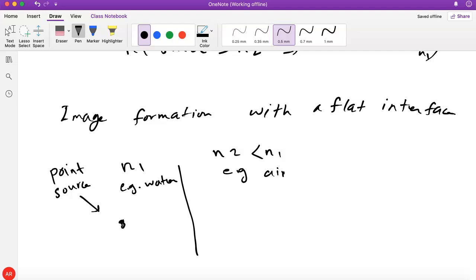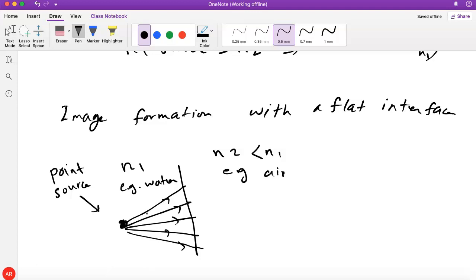Okay, so again, the ray model of light says there's going to be rays emanating from this source, and they move in all possible directions. So one ray here, another here, right? They go in all different directions. Now, so that's a point, right?